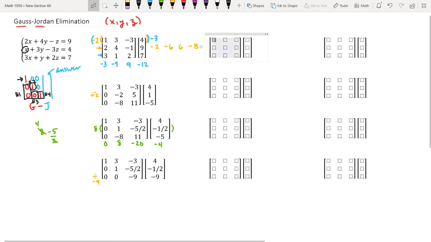Okay, so I'm going to complete this. 1, 3, -3, 4. And I'm just typing this in because, you know, sometimes admittedly, our handwriting isn't just the best. And so I want to make sure it's completely clear for you that way. Okay, so I divide this whole row by a -9. And I have now completed that Gaussian part of this elimination.